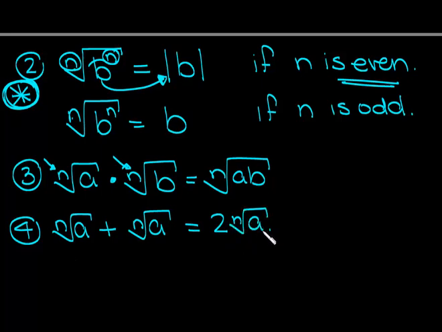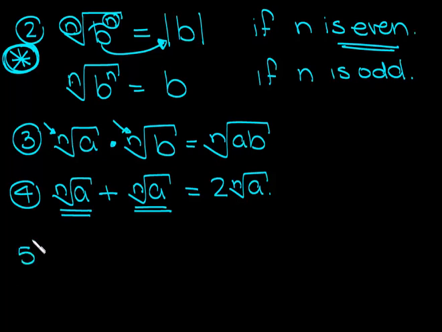We get 2 times the nth root of a. So if you're adding radicals and they're exactly identical with the same index and the same inside, then we basically just add them and get 2 of those. For example, if this was a 3, then we get 4 of them, because we have 3 here and 1 here, so we'd end up with 4. That's another property of radicals.